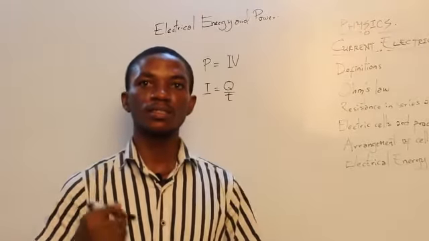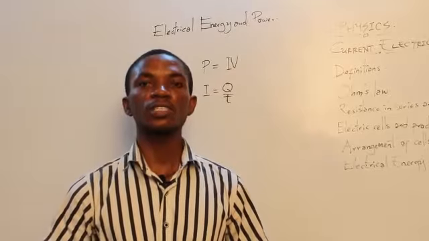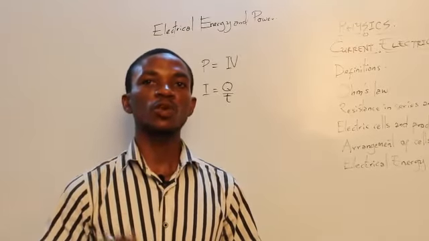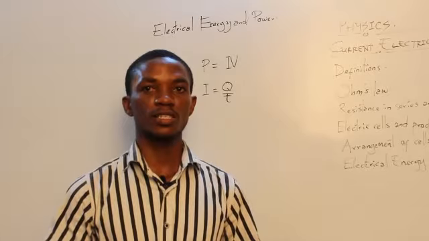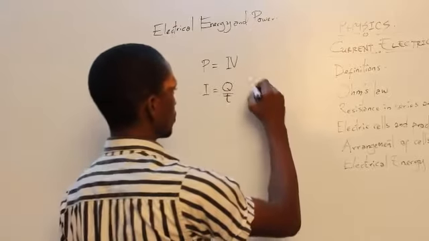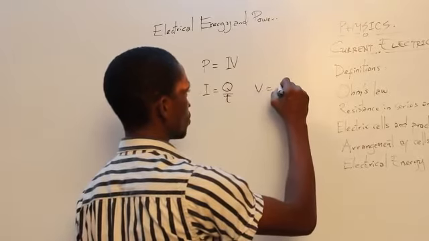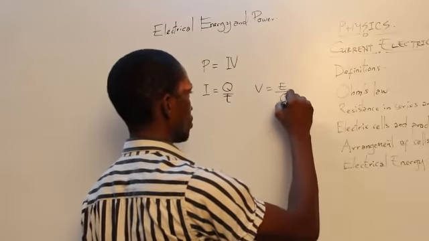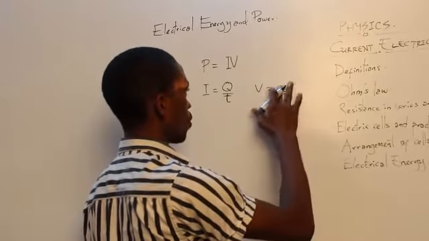Then we said voltage is the work done when a charge passes through a system. So we said V equals energy over Q, or let's say work now.